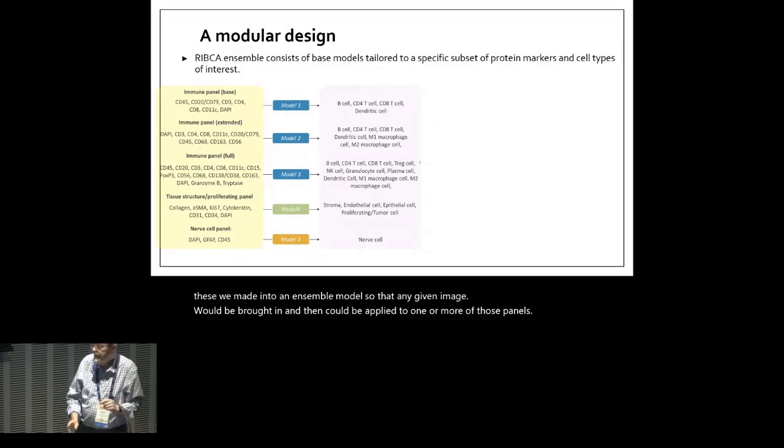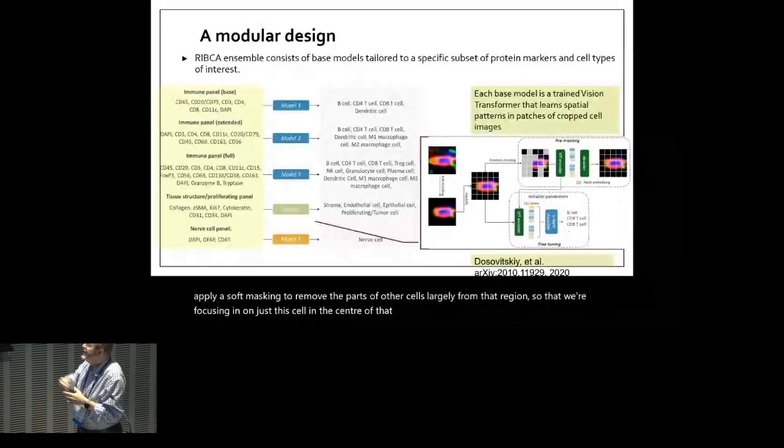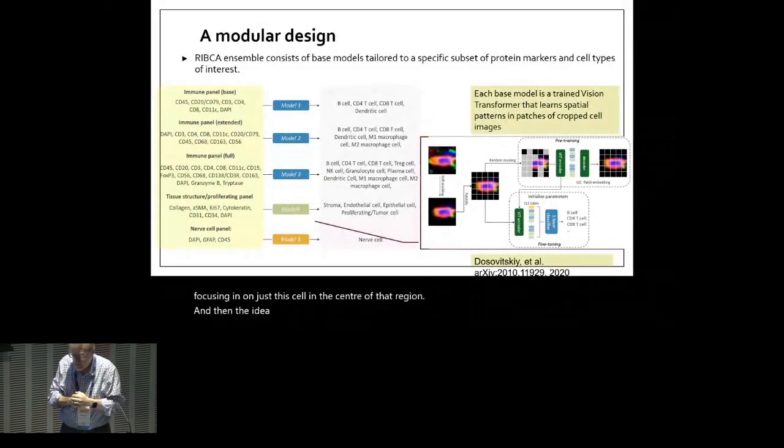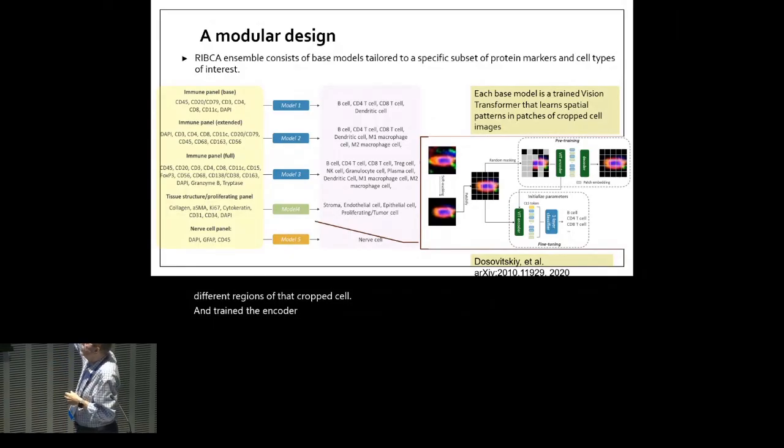Now, for each of those, what happens is that we take a patch around an individual cell. We apply a soft masking to remove the parts of other cells largely from that region, so that we're focusing in on just this cell in the center of that region. And then the idea behind the way the vision transformer works is that we randomly mask different regions of that cropped cell and train the encoder and decoder to be able to reconstitute the full cell image.